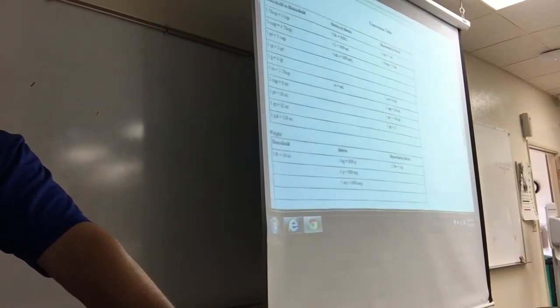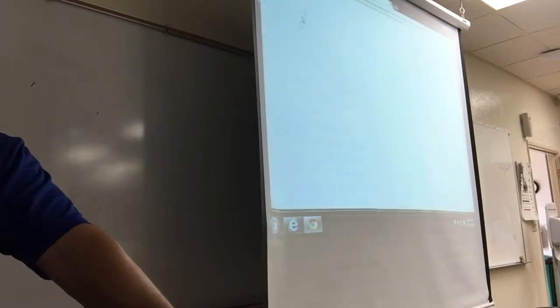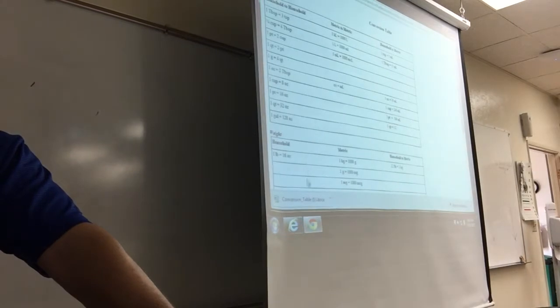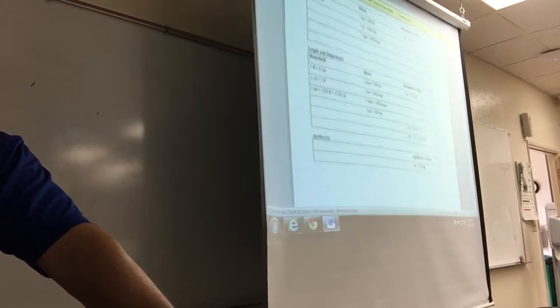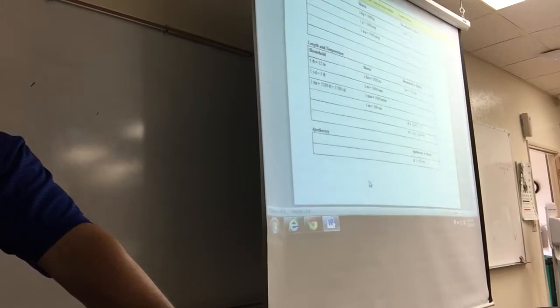If you click on this little blue hyperlink on top that says original file conversion table .docx, it will pull up a Word document that has the correct margins, so when you print it, it will print with everything on the same page.